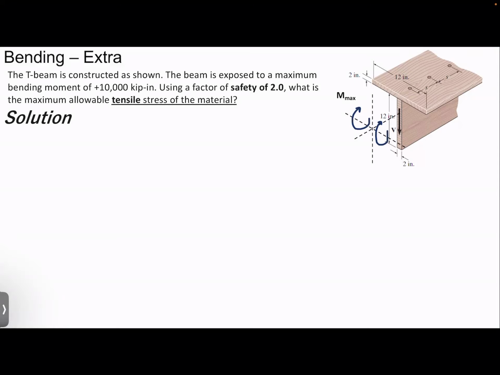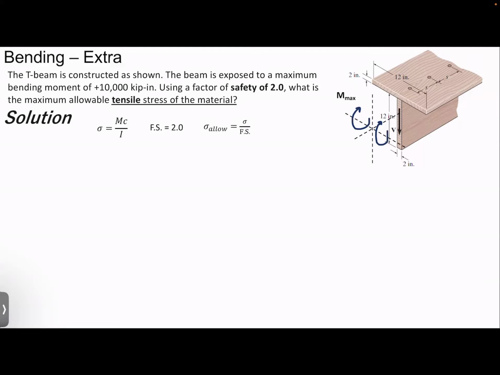So we're asked to also use a factor of safety of 2 and determine the maximum allowable tensile stress of the material. So a little flashback to extra credit on last exam, but factor of safety does not go away as a civil engineer or as any engineering. So we have our axial stress shown here in this equation, first page. And we also have a factor of safety of 2, which is very important.